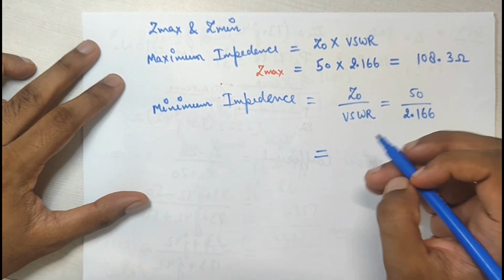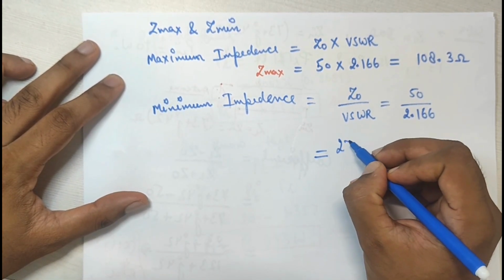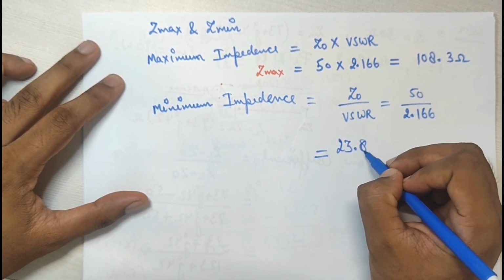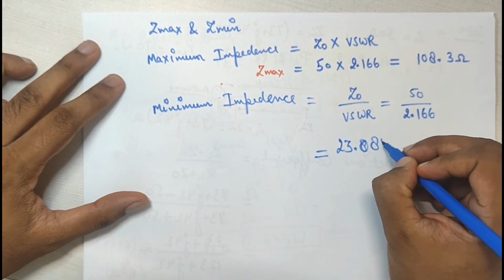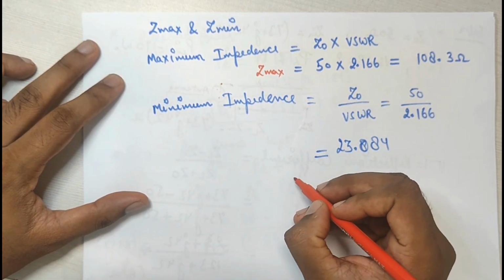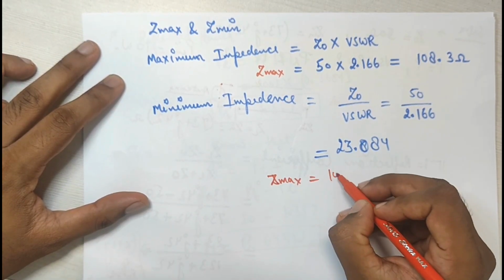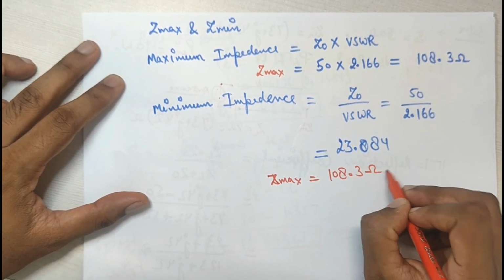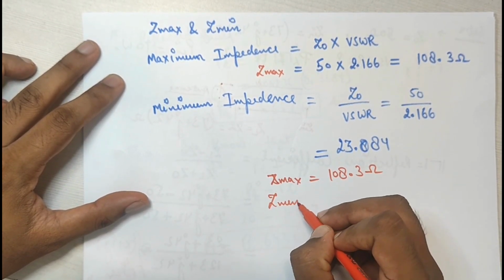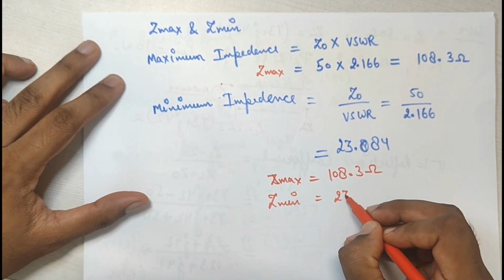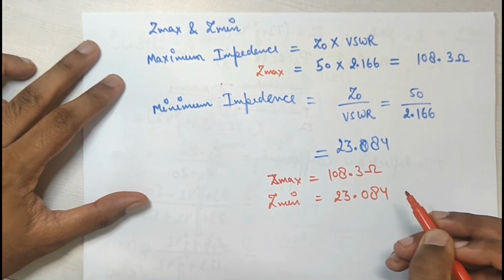That will be 23.084. So Zmax is 108.3 ohms and Zmin is equal to 23.084.